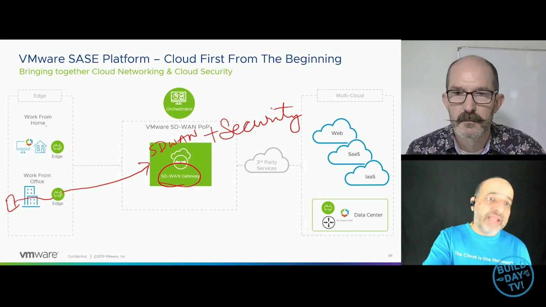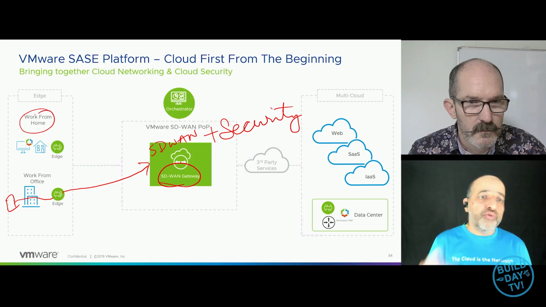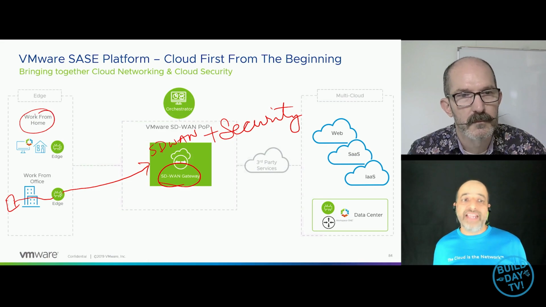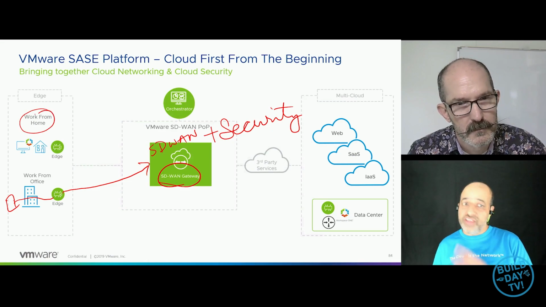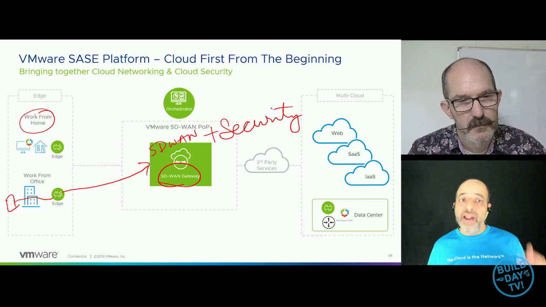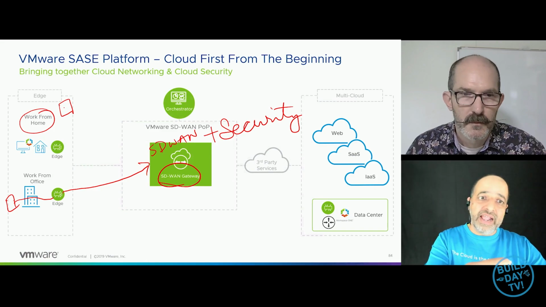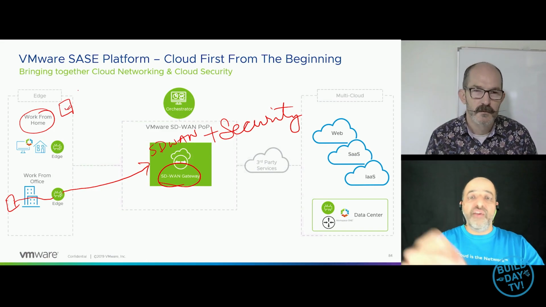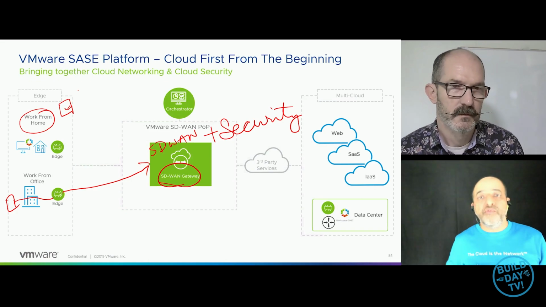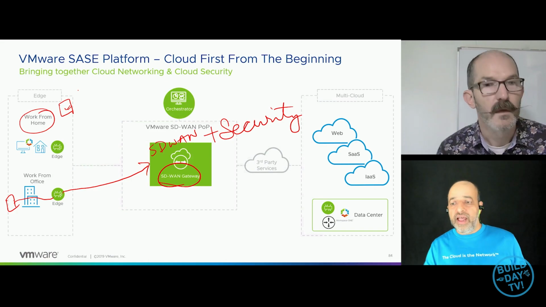But when the same user moves to a home location or works from anywhere, things change. What we offer is that this laptop is not connected to the SD-WAN edge device, but can get enrolled with Workspace One, what we call our zero trust network access security.